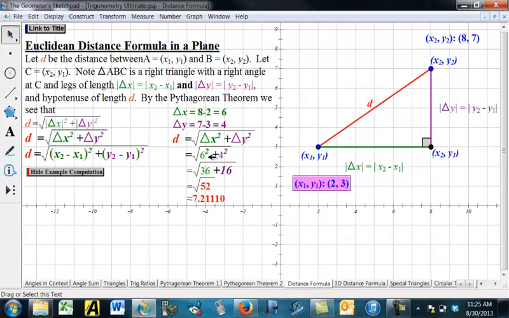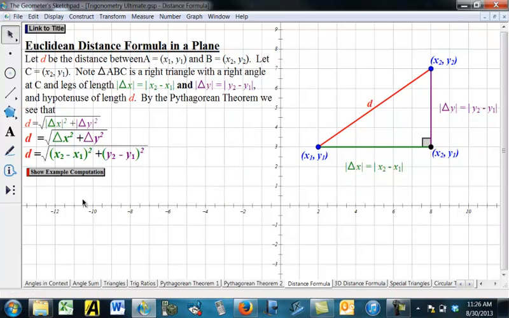So we square the 6 to get 36, square the 4 to get 16. Add is 52, and the square root of 52 is approximately 7.21110. Now, the square root of 52 is the exact value if these are the exact coordinates, and the 7.2 whatever is an approximation. So let's try another one.